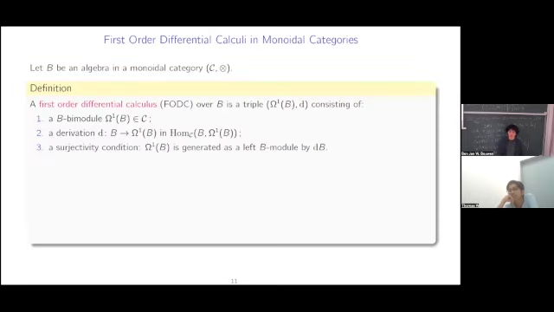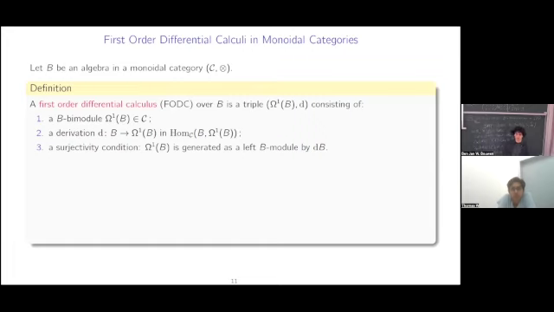Okay, so we discussed first order differential calculi in monoidal categories. So we consider B to be an algebra in a monoidal category C of choice. A first order differential calculus over B is a triple (Omega^1 B, d) consisting of a B-bimodule Omega^1 B inside C, a derivation d from B to Omega^1 B living inside the category C, and moreover a surjectivity condition.